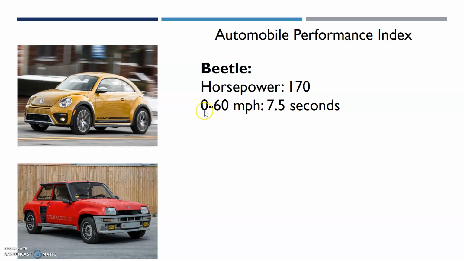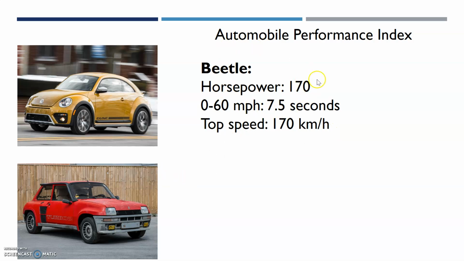And this 0 to 60 miles per hour is measuring how much time a car takes to speed up from 0 all the way to 60 miles per hour. And it takes Beetle about 7.5 seconds to speed up to 60 miles per hour. And top speed for Beetle is 170 kilometers per hour.